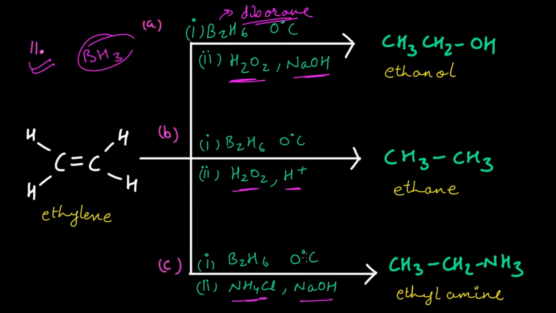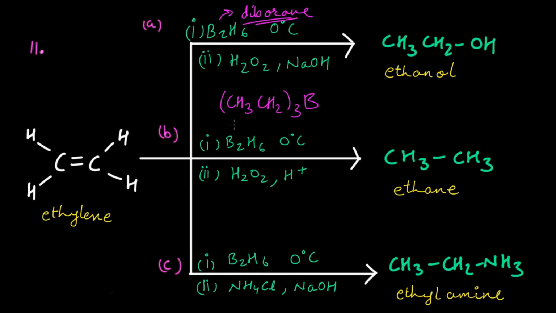Now what will be the intermediate? The intermediate will be (CH3CH2)3B, trialkyl borane. Now the question is how we are getting this intermediate. Try to focus for some time. This is our borane, BH3.